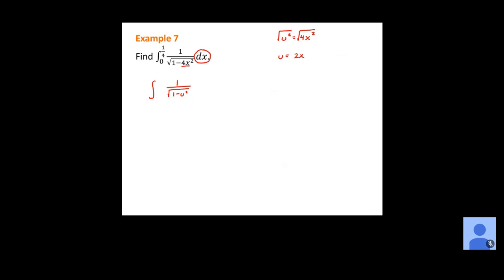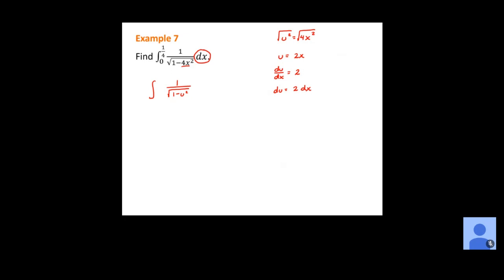Now I'm going to find du dx. What's our derivative going to be here? Good. So this is just going to give us 2. Now I need to replace dx, so I want to get dx by itself, so I'm going to move it to the other side. du equals 2 dx.